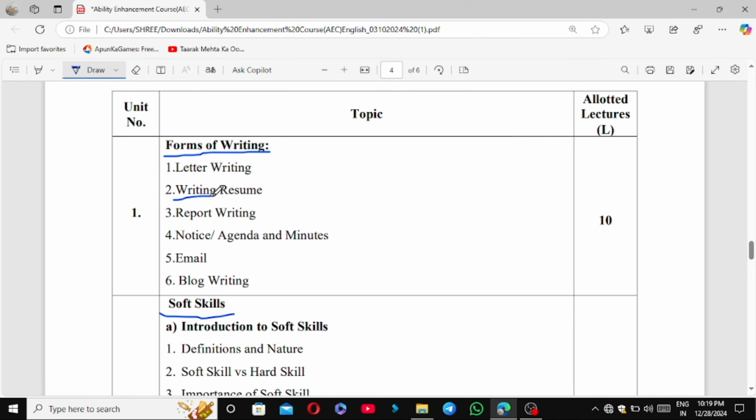Then writing a resume. So what is writing a resume? A resume is a document highlighting your skills, education, and work experience.